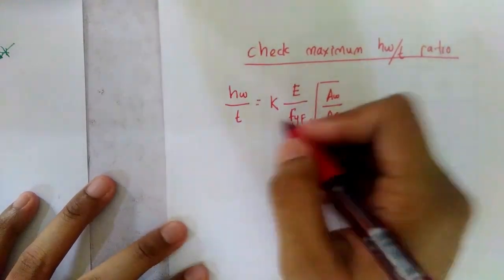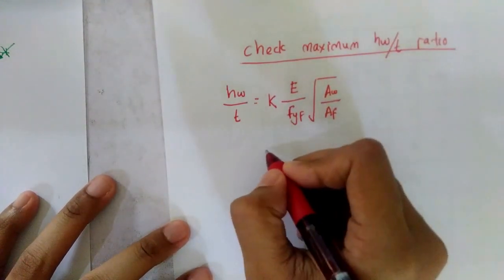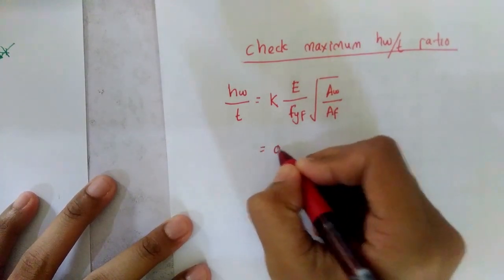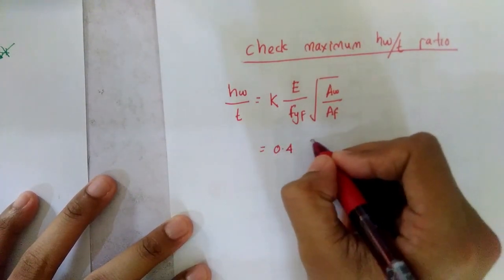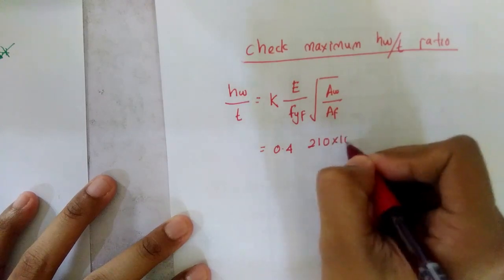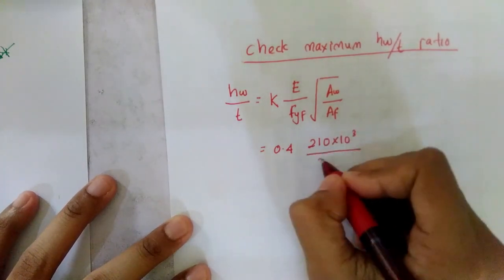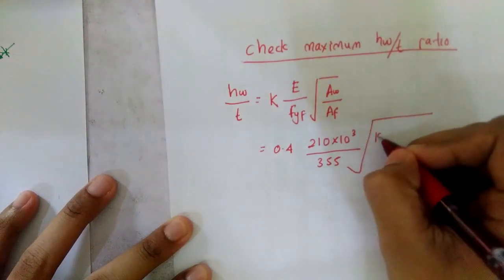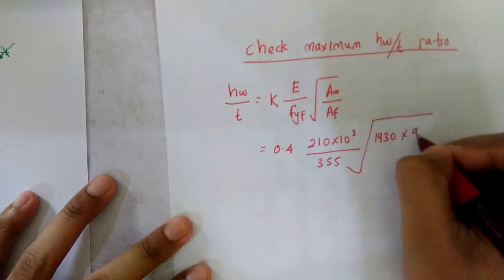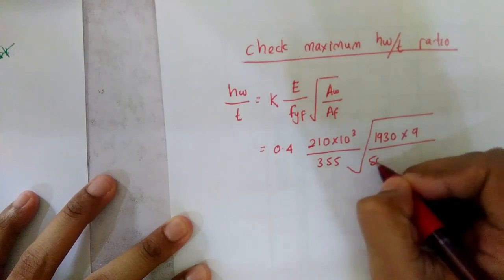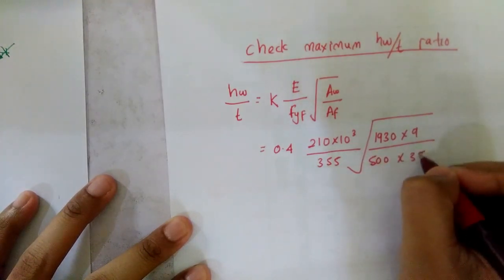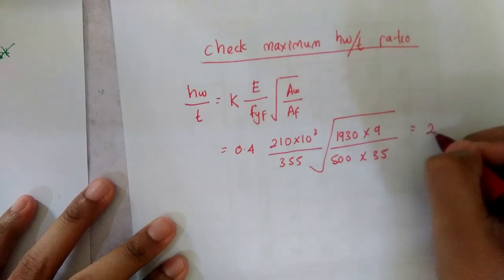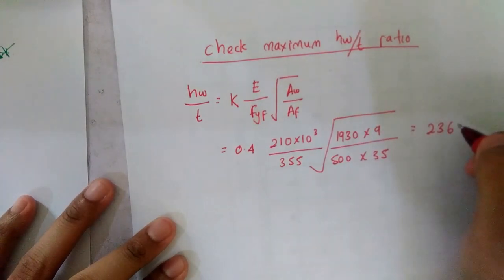In this case, we have calculated whereby k is equivalent to 0.4, and then we have 200 times 10 to the power of 3, 355, 1930 times 9 over 500 times 35, which finally resulted to 236.